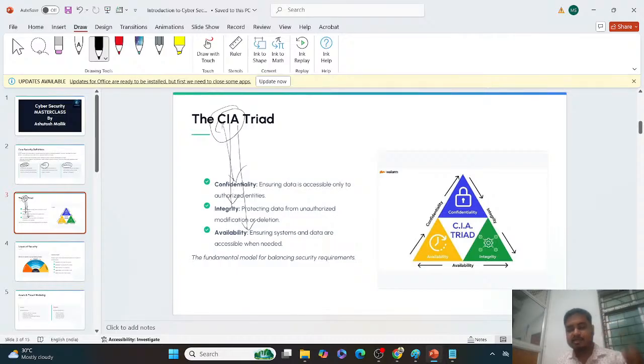You can get this question. The CIA Triad is a long question you may get in your semester examinations. C for confidentiality, I for integrity, A for availability, and you have to explain these things. These are very important questions. So next is integrity.